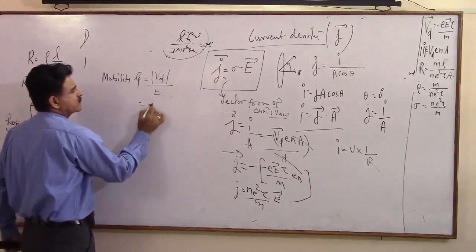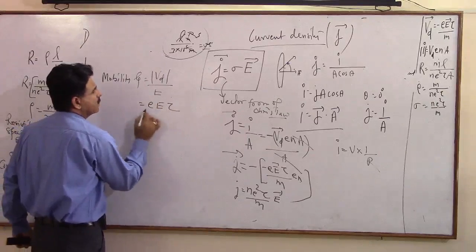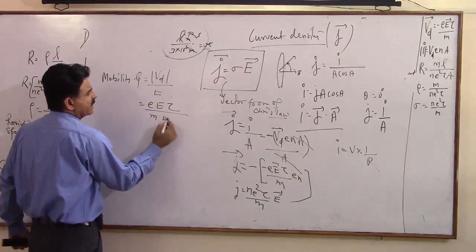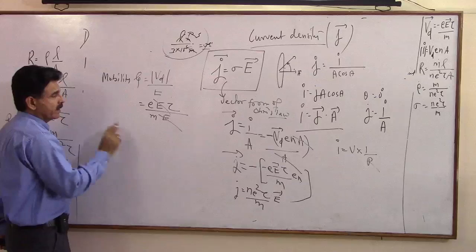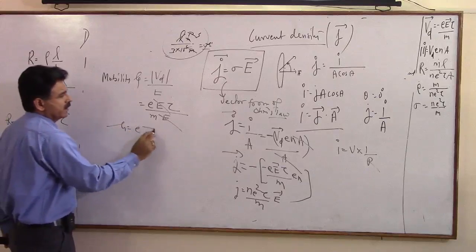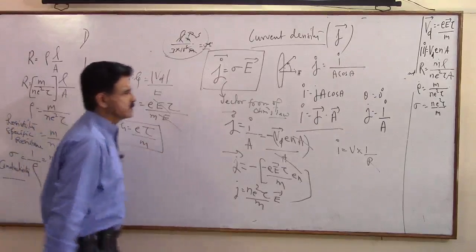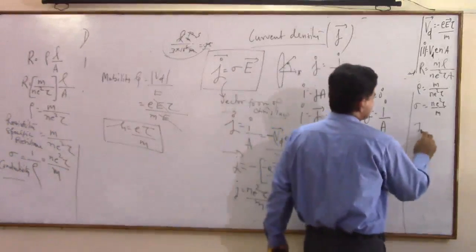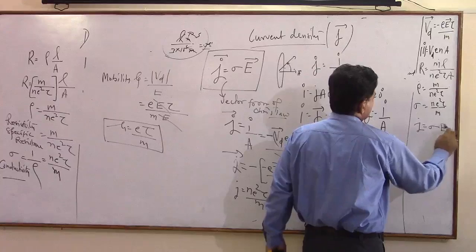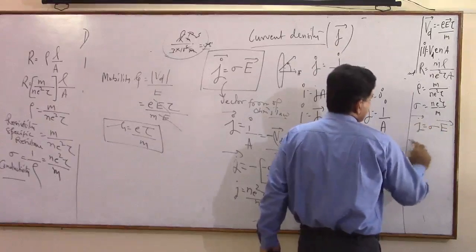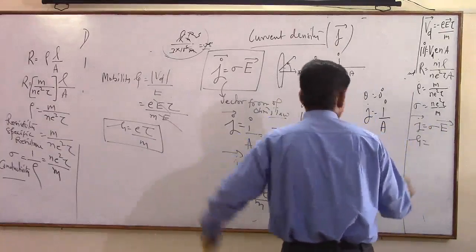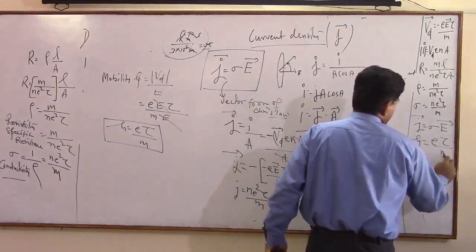If you put the values, E tau divided by M and E, you lose E and E, you get mu equal to E tau divided by M. So I got two more values here: J equal to sigma E in vector form, and mu is equal to E tau divided by M.